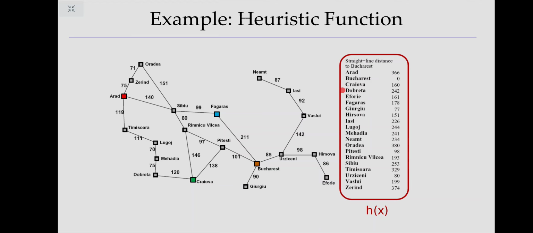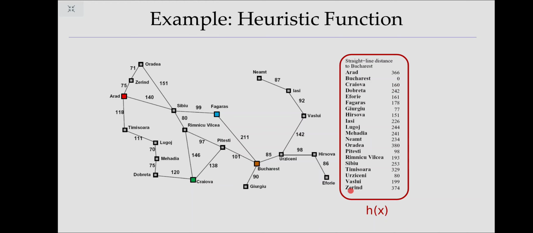The same for Kravia. For the Kravia, again, we connect this node to the Bucharest and calculate the distance. The distance is 160.